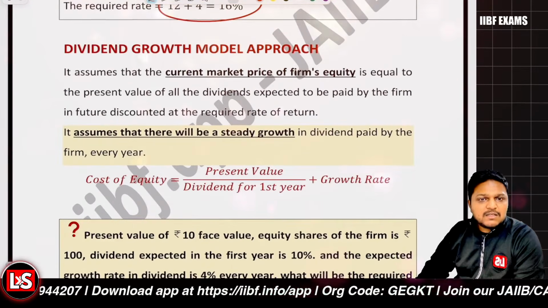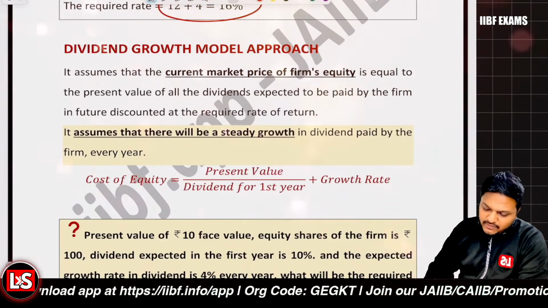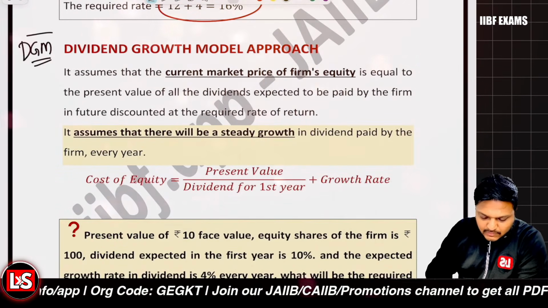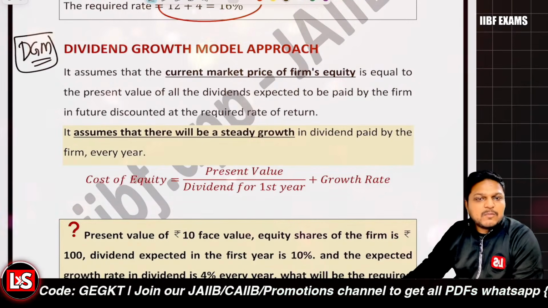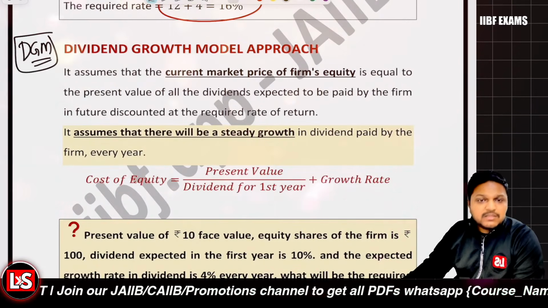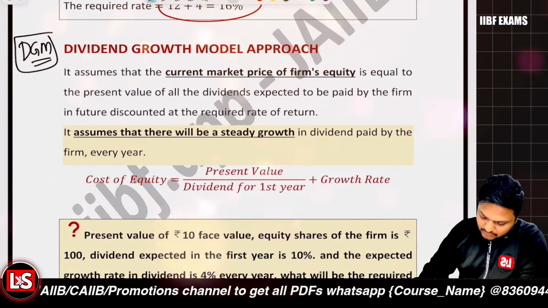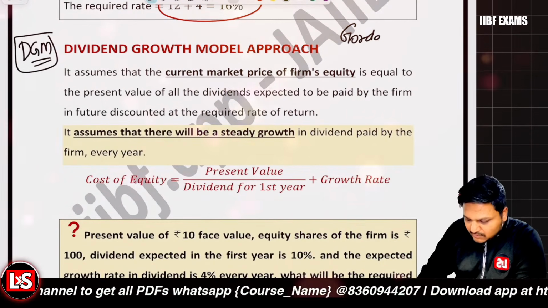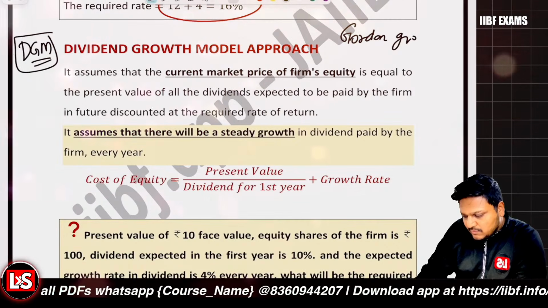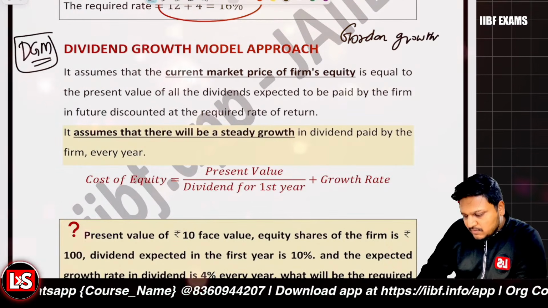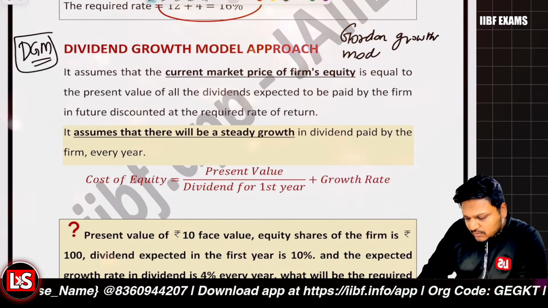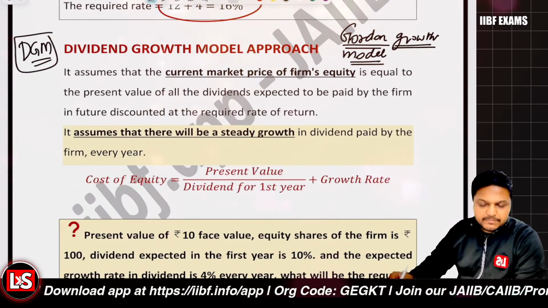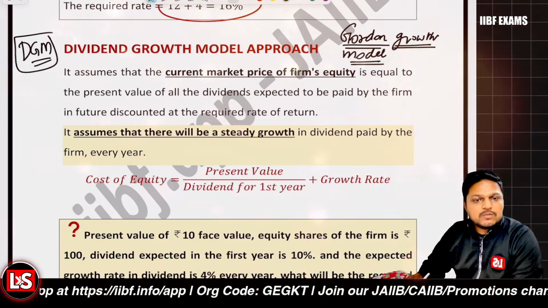The third one is the dividend growth model, or the DGM approach. This is also called the Gordon growth model.